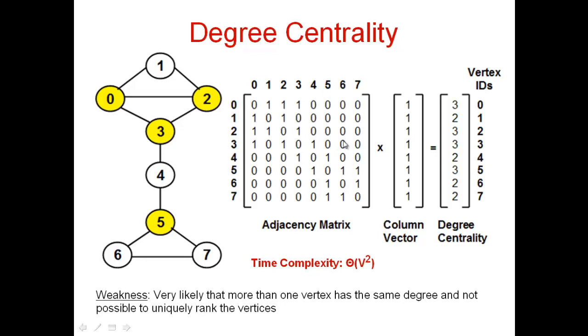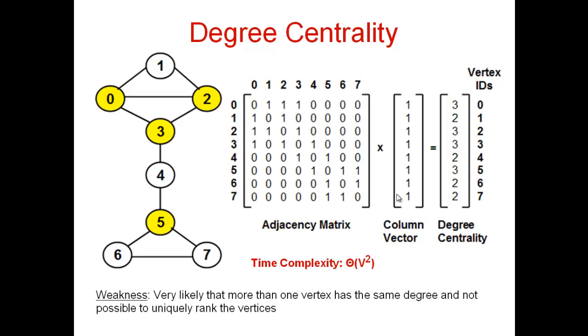Once you get the adjacency matrix, you multiply that with a unit vector of all ones. We saw matrix multiplication and how to do it before. This is an 8 by 8 matrix, and this is an 8 by 1 matrix. This is actually a vector.